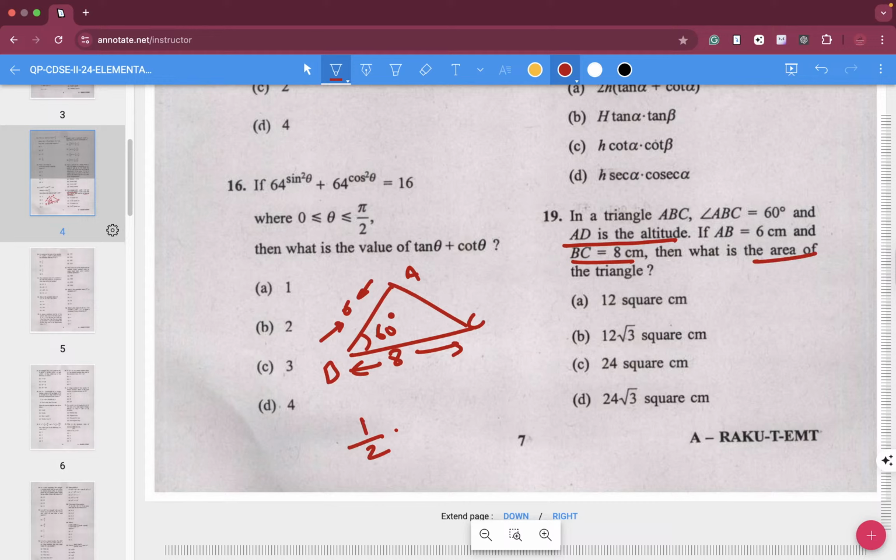You know the area of the triangle is half AB sin theta, where sin 60 is the included angle. Sin 60 you can simply write as root 3 by 2. This was an easy one: root 3 by 2, this one goes 4, this one goes 3, which is 12 root 3. B is the answer to this question, folks.